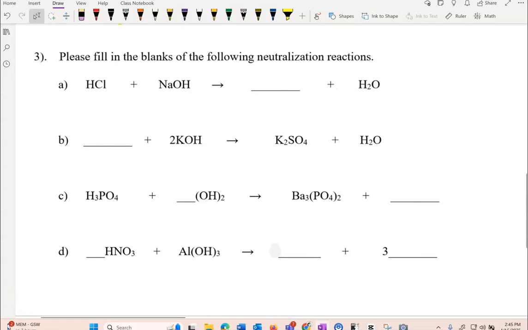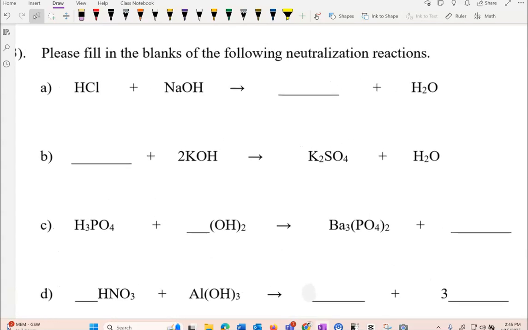So what we're going to do is try to fill in the blanks of these following neutralization reactions, and we're going to do it by remembering that our HCl is our acid, and it's going to be our A and the X compound.